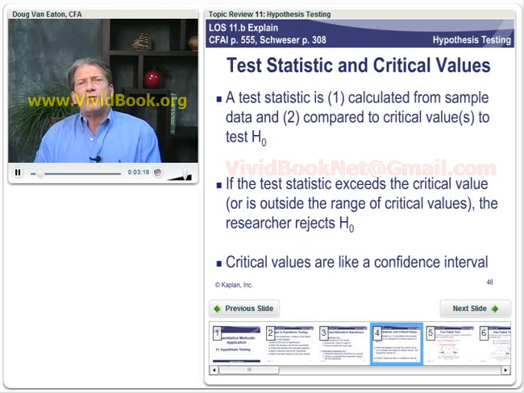So critical values there are like a confidence interval. Our null hypothesis may be that the mean of this value is 0. Well, if we get a value that's too high or too low in relation to 0, then we can reject the null hypothesis that it equals 0.